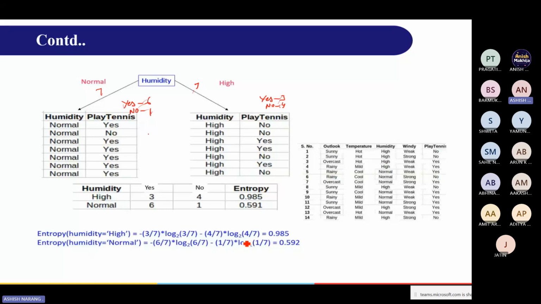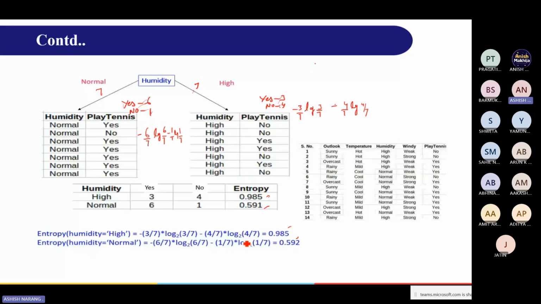If I calculate it right now, this will be 6 by 7 log of 6 by 7, minus sign will be there, minus 1 by 7 log of 1 by 7. For this, it will be 3 by 7 log of 3 by 7, 4 by 7 log of 4 by 7. And these are the values you can see.